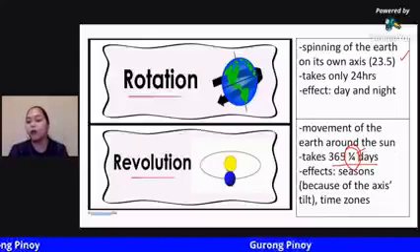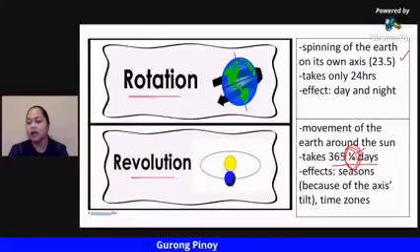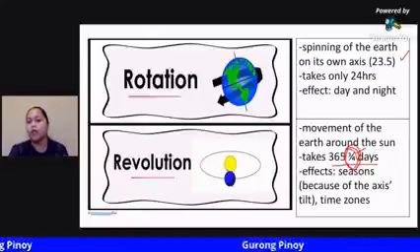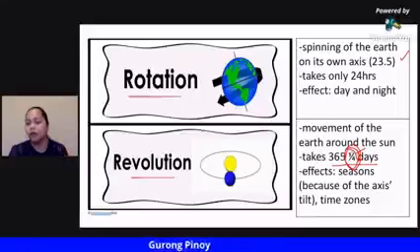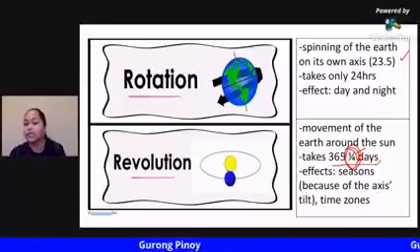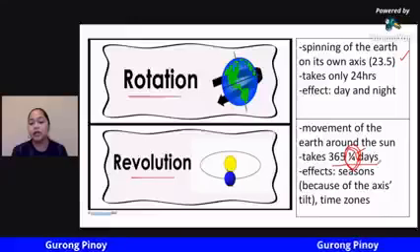Why? Because of this 1/4 day. It takes 365 and 1/4 days to complete one revolution. After 4 years, 4 quarters would give us 1, so a leap year has 366 days.